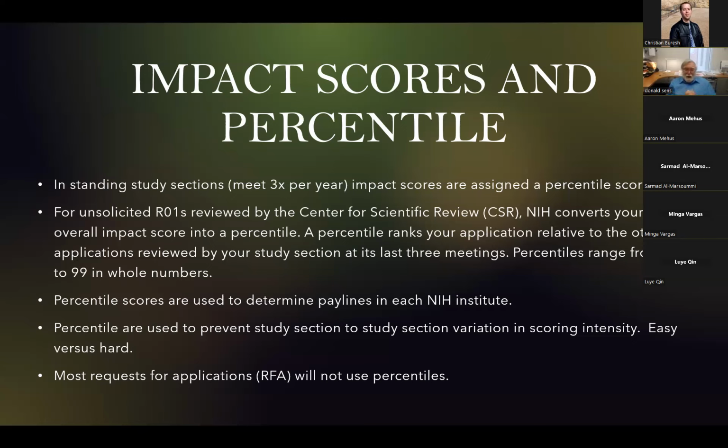And RFAs are really, really nice. I've been funded by a lot of them. I prefer them actually. But they're a one-time offering, and it's one and done. If you get a really, really great score that just misses funding, there's nothing you can do about it. There's not a resubmission process on this so easily. Okay, next slide.